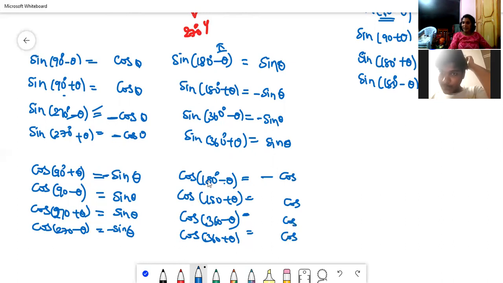In the second quadrant, cos is negative, so it is minus cos theta. In the third quadrant, cos is negative, so it is minus cos theta. In the fourth quadrant, cos is positive, so it is cos theta. In the first quadrant, cos is positive, so it is cos theta.